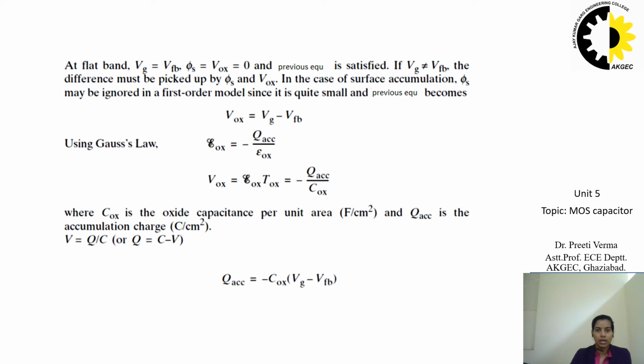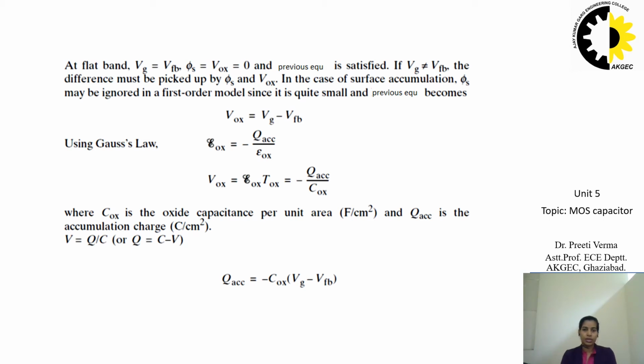We can write Vox is equal to Eox multiplied by Tox, that will be equal to minus Qacc divided by Cox, where Cox is the oxide capacitance per unit area, that is farad per centimeter square, and Qacc is the accumulation charge, coulomb per centimeter square.